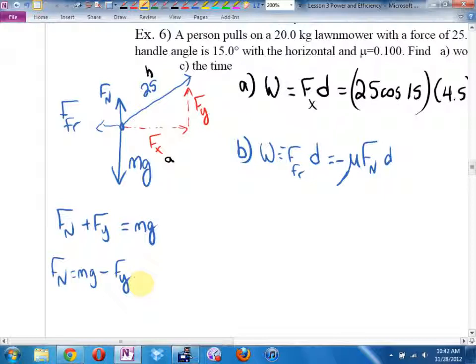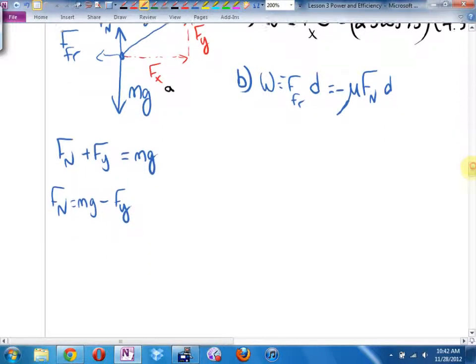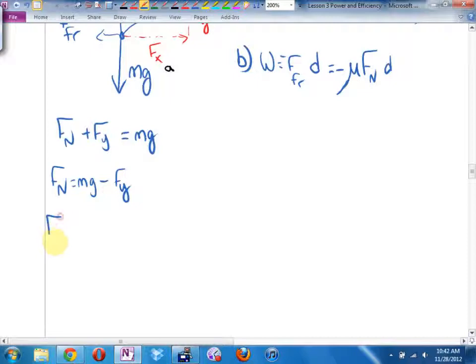What is Fy in terms of that 25? Sine, okay. So this is going to end up being, what was the mass? 20 times 9.8 minus 25 sine 15.